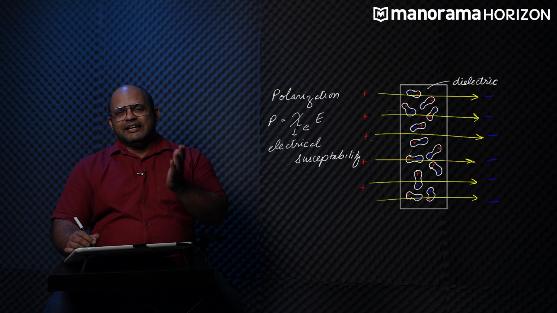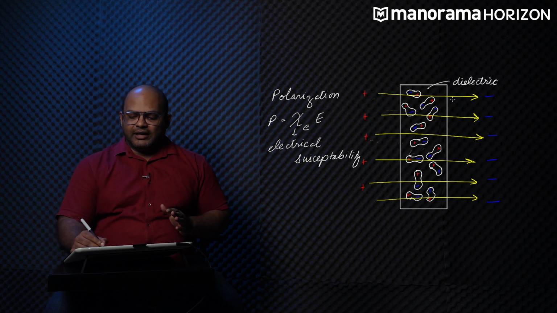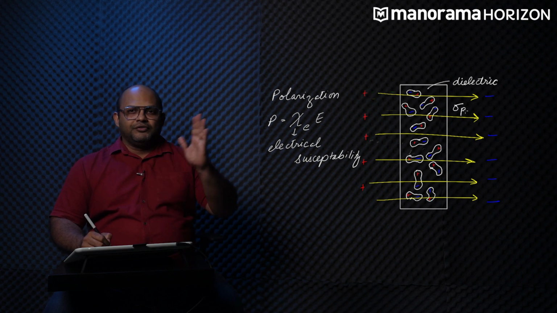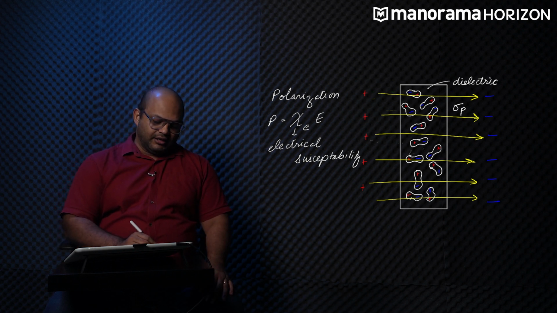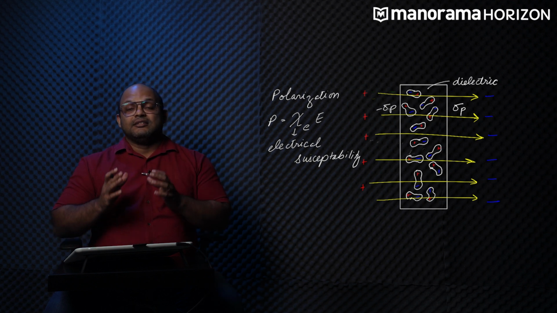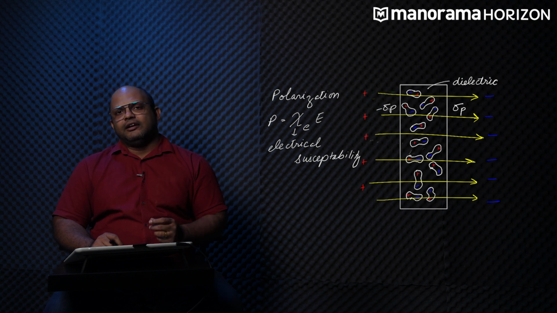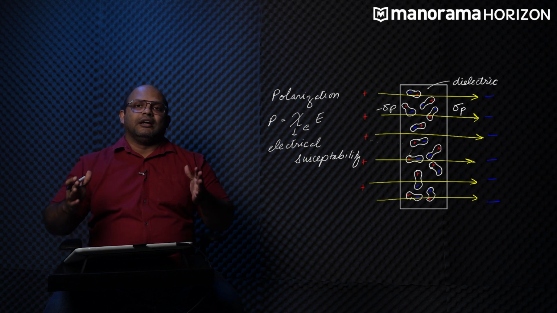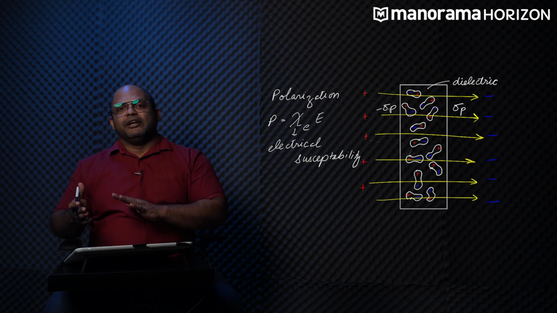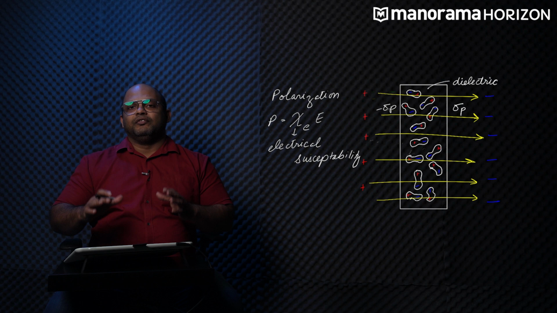So on the negative side of the external field, you will have a positive charge density sigma p, and on the positive side of the external field, you will see a negative charge density, negative sigma p on the surface of the material. So by applying an external field to a dielectric material, you can achieve a surface charge density on the outside of this material, which is oriented in the opposite direction of the external field.